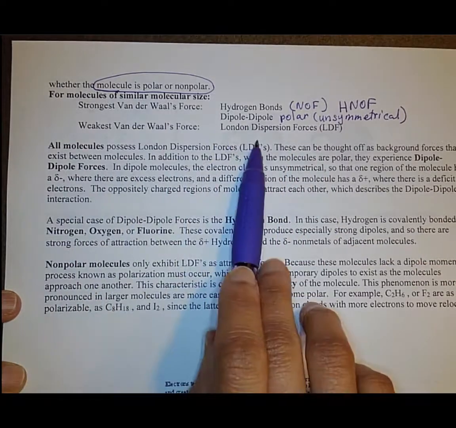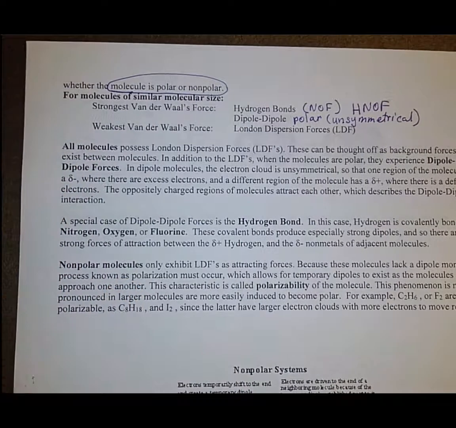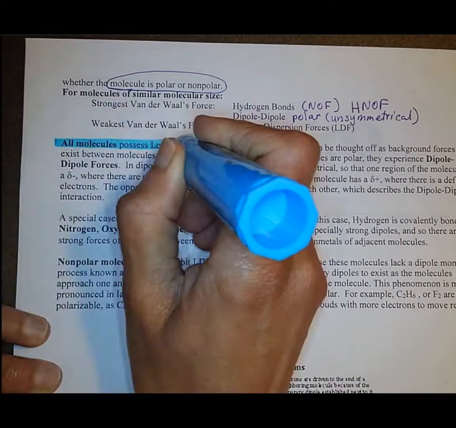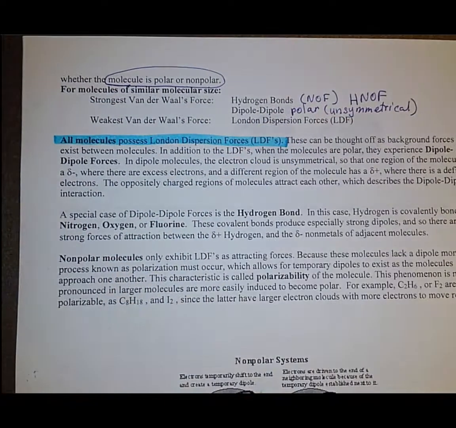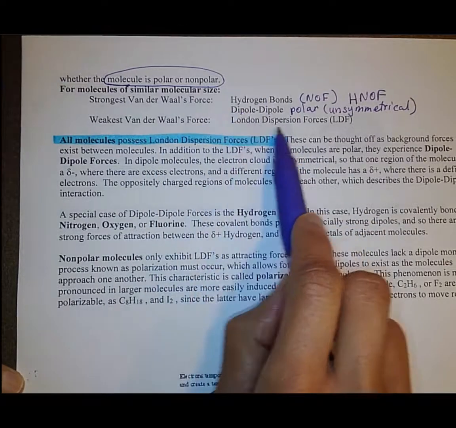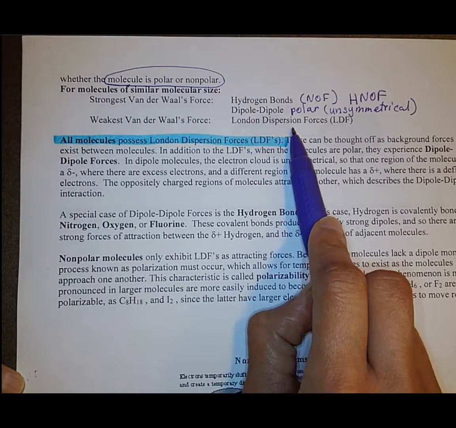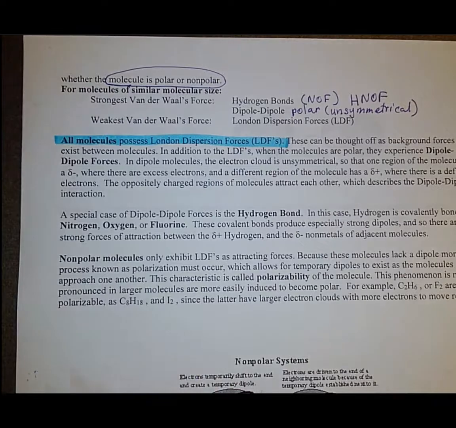These London dispersion forces are within all molecules. So all molecules actually have London dispersion forces. But for weak van der Waals, the molecules don't have any other forces. They just have the London dispersion forces. So that's what we're actually saying.